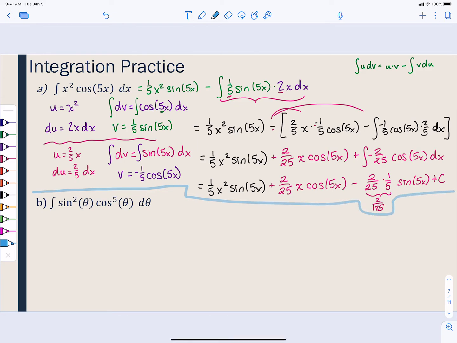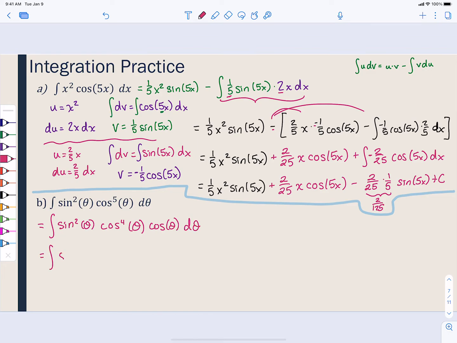All right, so this one, we are going to split this up a little bit and write this as the integral of sine squared of theta, cosine to the 4th of theta, cosine of theta d theta.